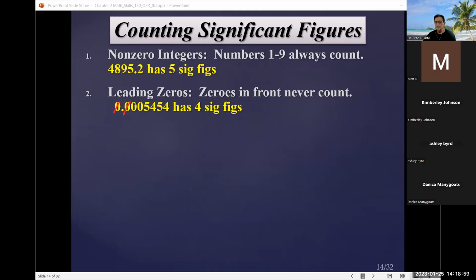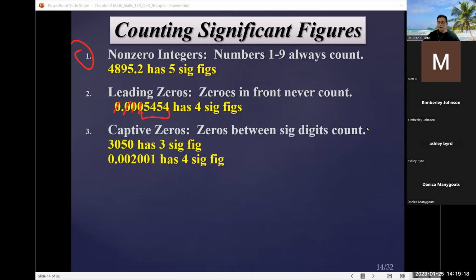So we just temporarily ignore them. So there are only 4 sig figs here, because the 4, 5, 4 are integers as per rule number 1. Now, the next one. When zeros are in between 2 integers, they count as being significant.